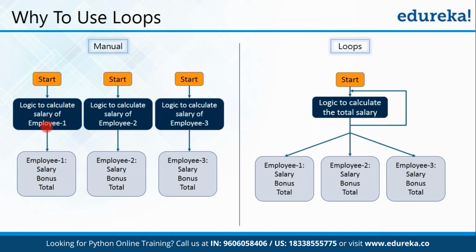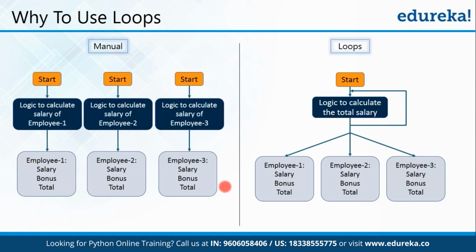This process is pretty hectic. You need to repeat the same logic for the total number of employees in the office. I'm just giving you an example of 3 employees, but what if you have hundreds of employees? At that time, this process will not work. This will not only increase the size of the code, it'll make it more complex and less efficient.